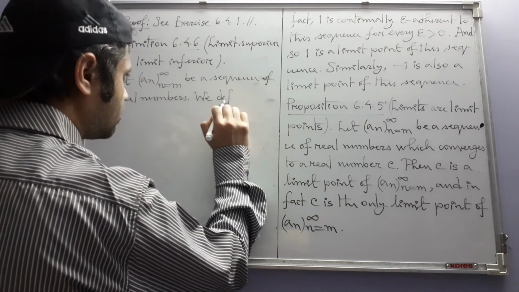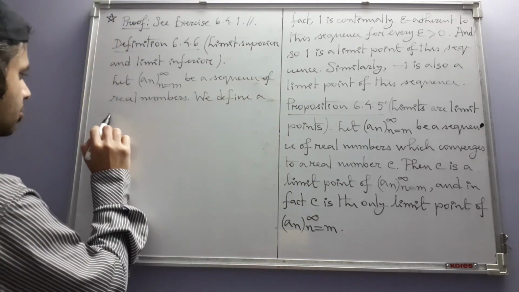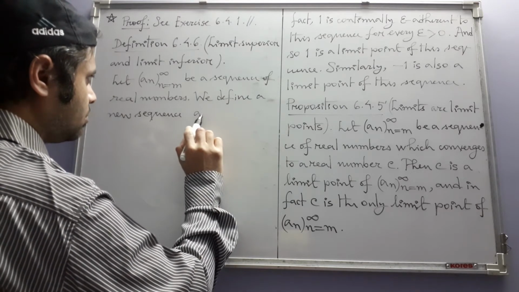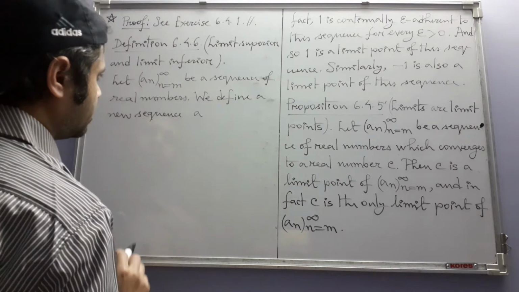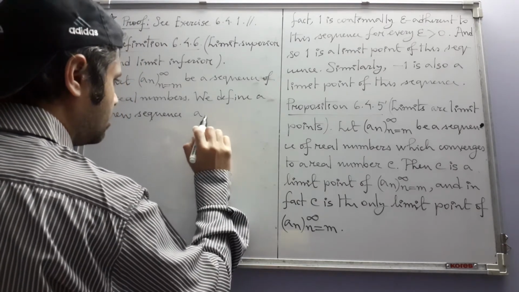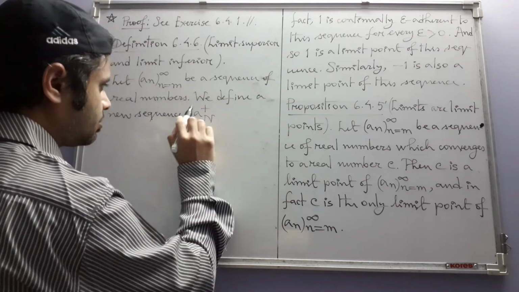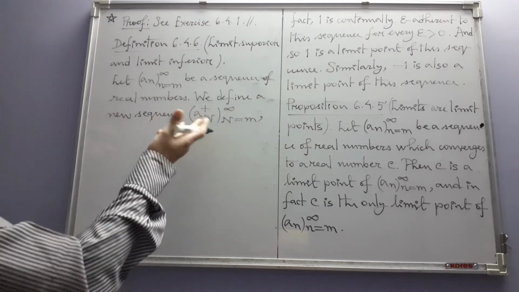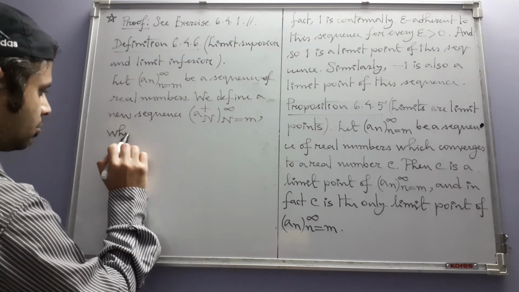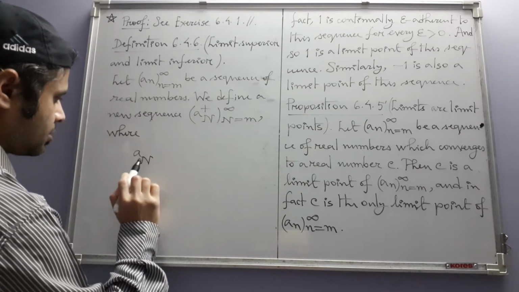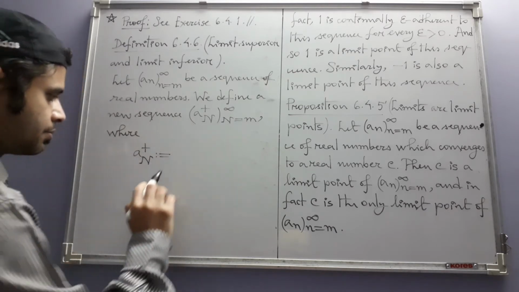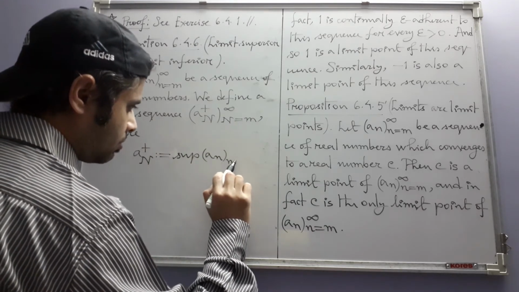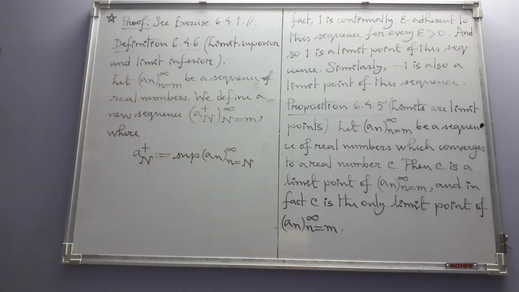We define a new sequence a_N plus. Here N will also vary, a capital N. Now what are these a_N pluses? a_N plus is defined to be the supremum of the sequence a_n where n varies from capital N onwards.